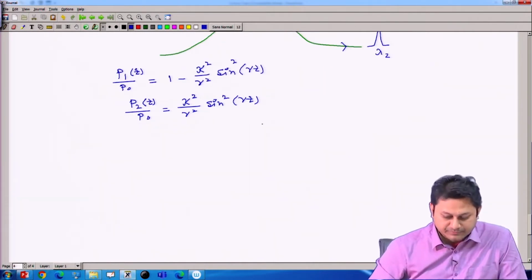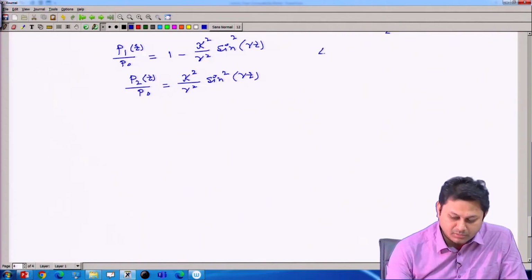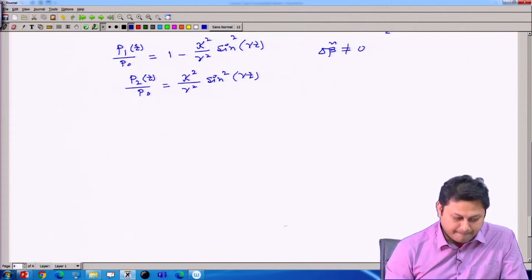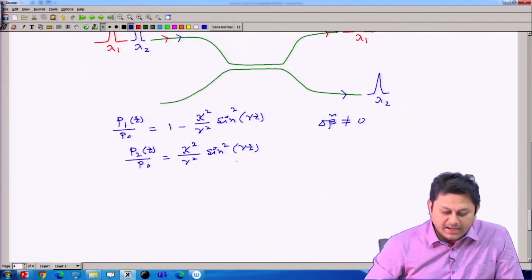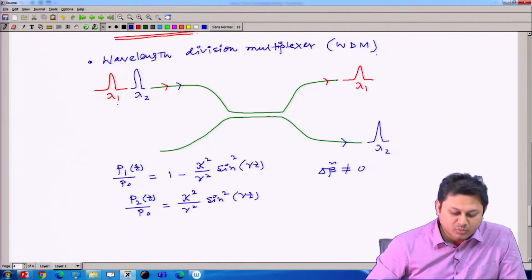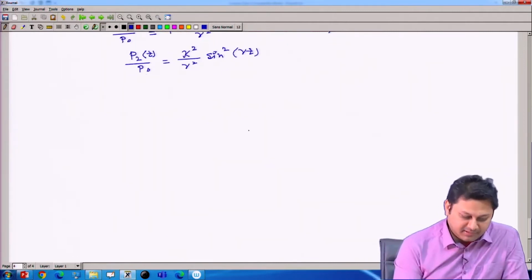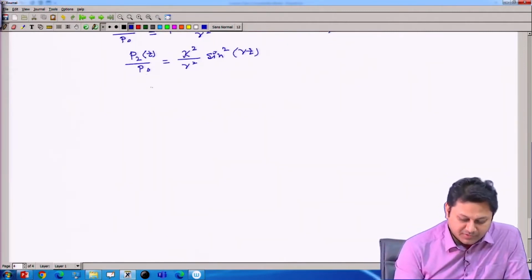This is the expression with the condition when delta beta tilde is not equal to 0. When I am launching light having two different wavelengths, lambda 1 and lambda 2, the coupling constant kappa, whatever kappa we have been using so far, should be a function of lambda. So, we need to take that into account now.